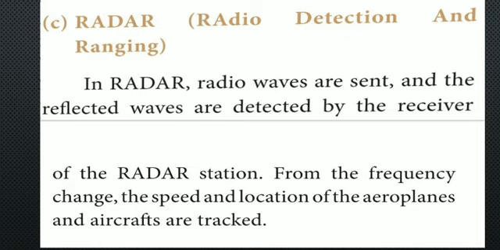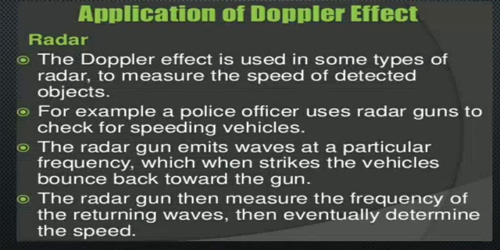From the frequency change, the speed and the location of aeroplanes and aircraft are tracked. So radar systems are used mostly for defense purposes. See the applications of radar. There are n number of applications. Yes, see the first one. The Doppler effect is used in some types of radar to measure the speed of detected objects.